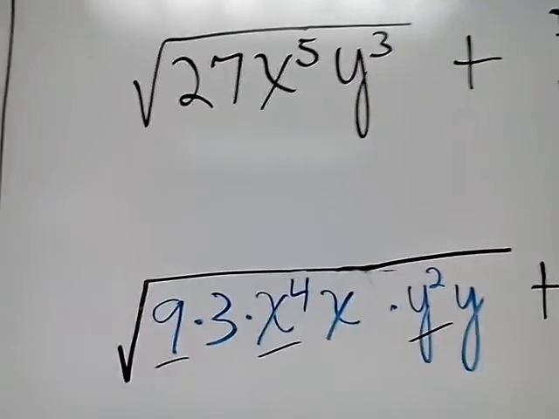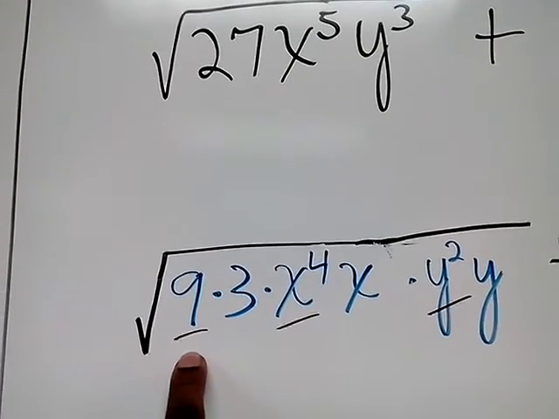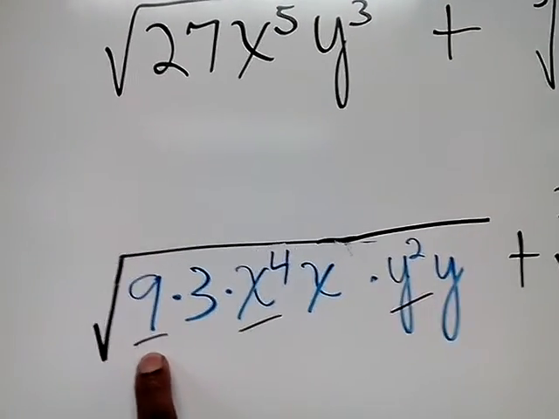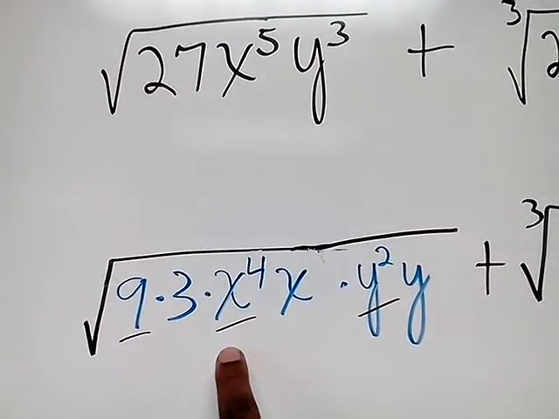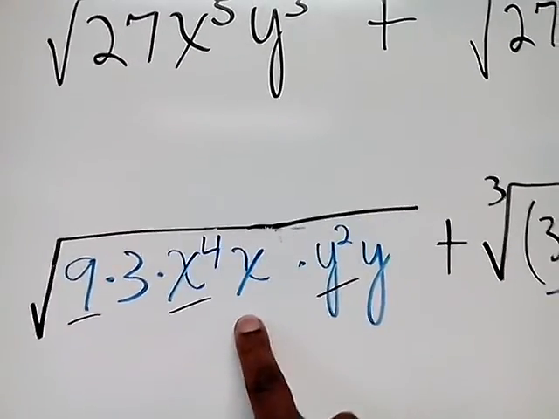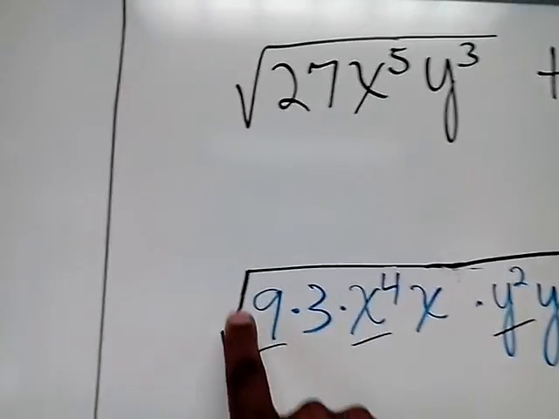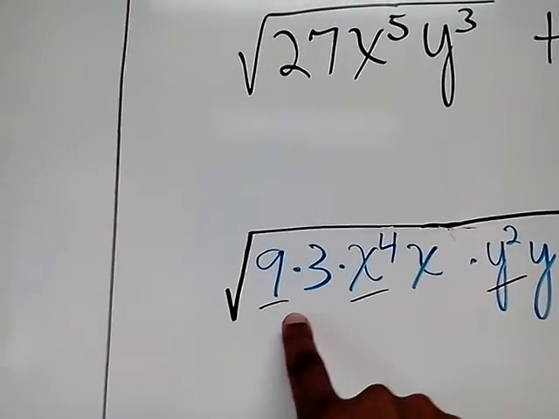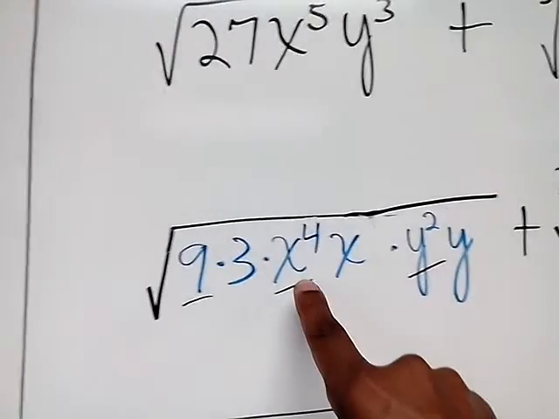So first term, well, we can't take the square root of that, so we break it down to 9 times 3. So we can take the square root of that number there. We also break down the x to the 5th power to x to the 4th power times the first power. We break down the y to the 3rd. So now we can take the root of 9, which is 3.